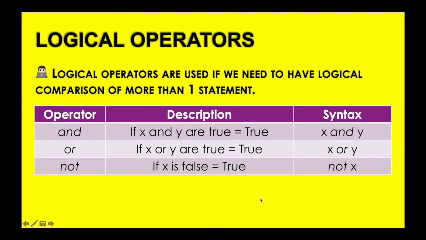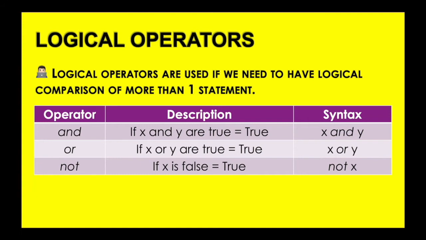Okay, for the first one, we have here the AND operator. Description: if X and Y are true, the output will be true, meaning the X and the Y condition are both true.